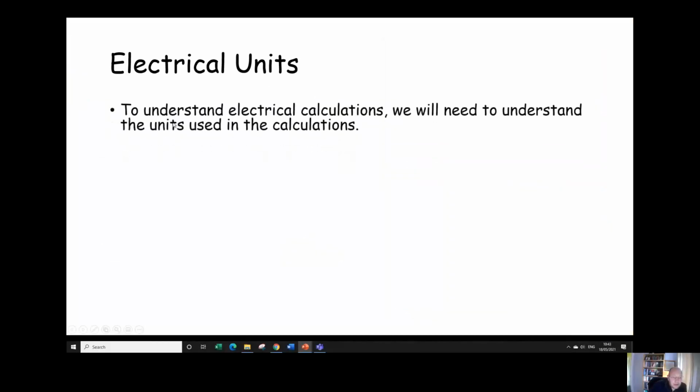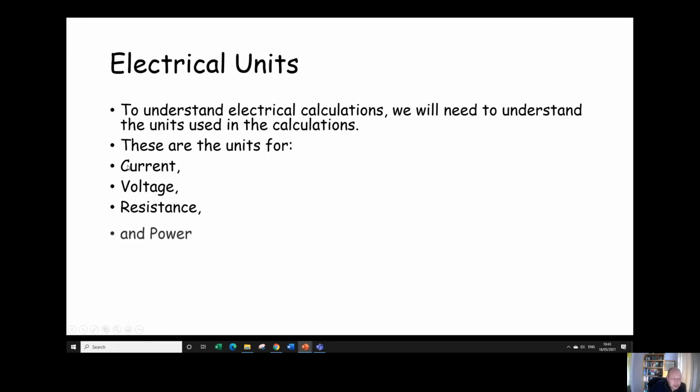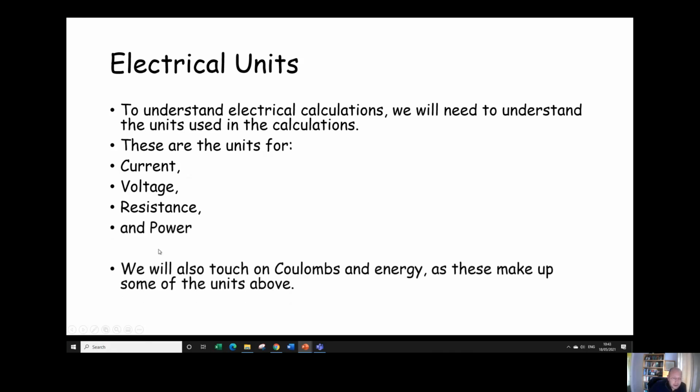So we've looked at how direct current and alternating current can be produced, and we're now going to talk briefly about the different types of units used in the calculations we might need to know around electricity. The units are current, voltage, resistance, and power. We'll mention coulombs and energy, because they make up some of the units we're talking about.